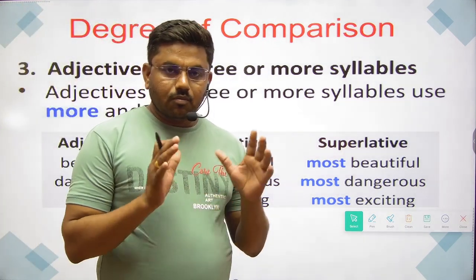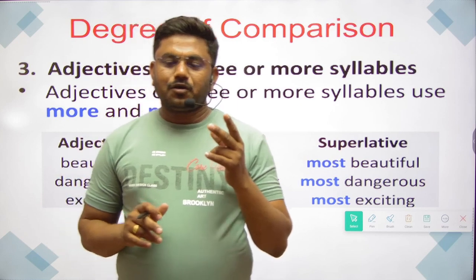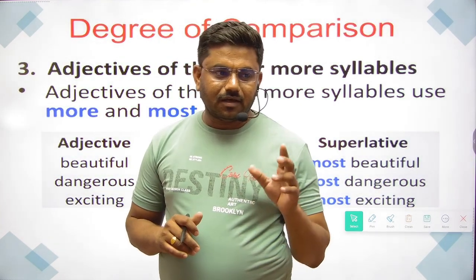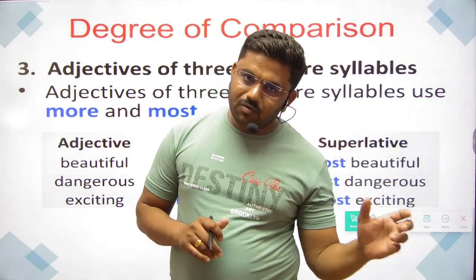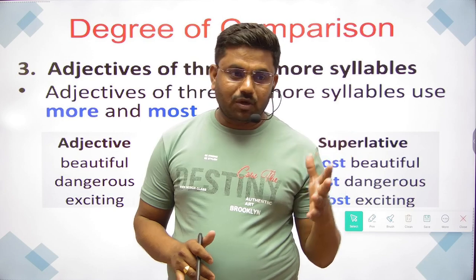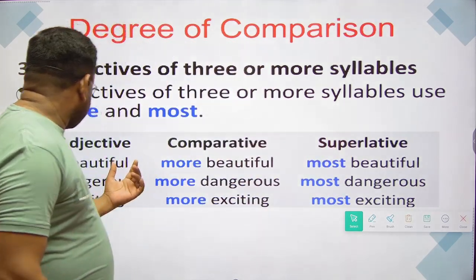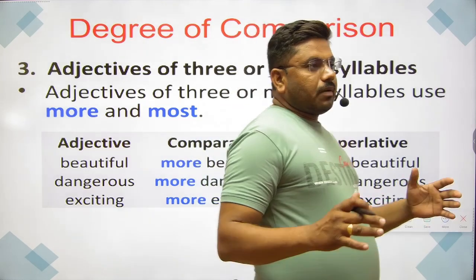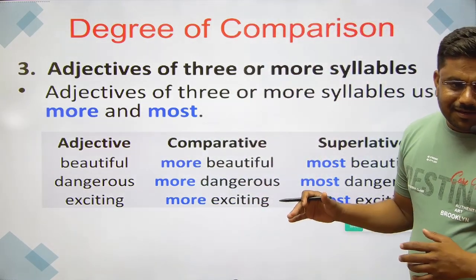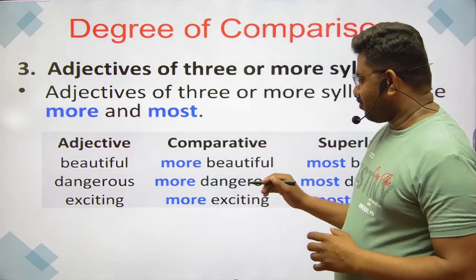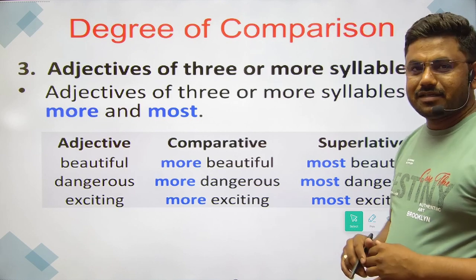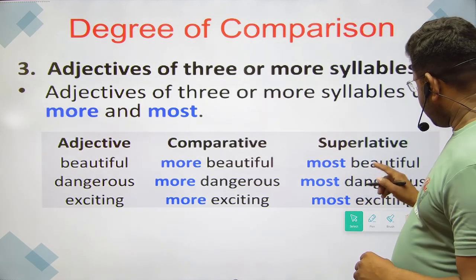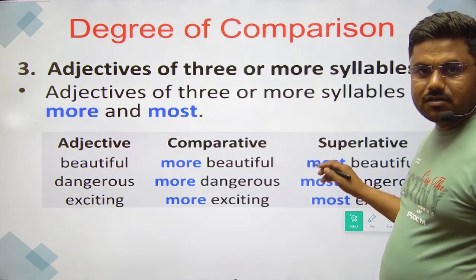More we use in the comparative, and most we use in the superlative degree. Now see the adjectives: beautiful, dangerous, and exciting. In the comparative: more beautiful, more dangerous, and more exciting. In the superlative degree: most beautiful, most dangerous, and most exciting.